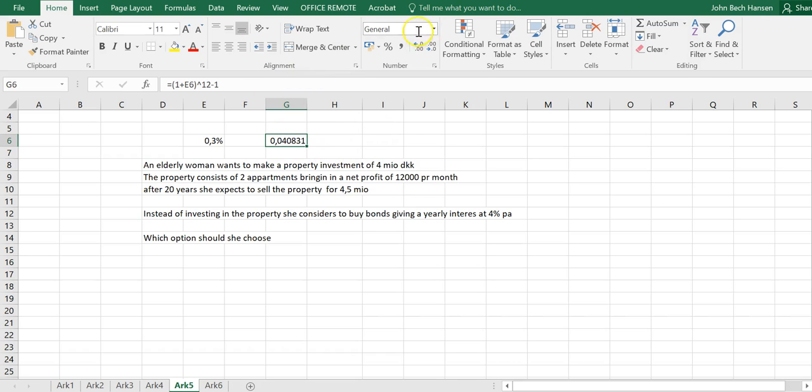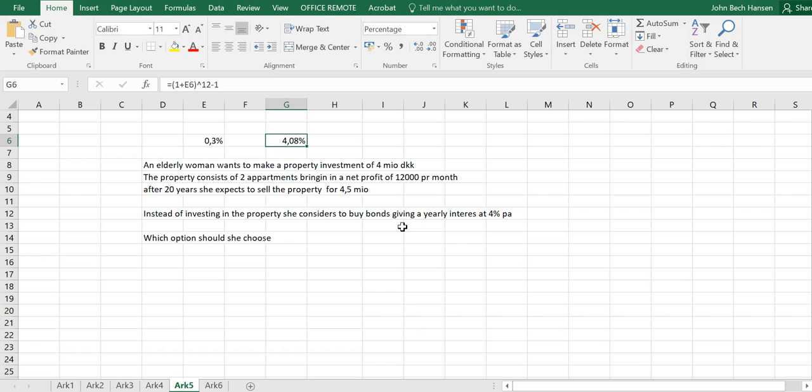So actually, it's giving me a yearly percentage of 4.1. So a little bit more than investing in the bonds.